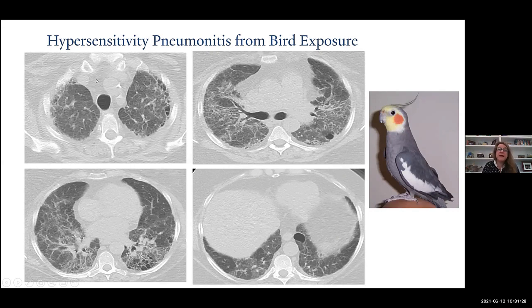And you can see that actually the scarring affects the upper parts of the lung more than the lower, which is the opposite of what we were talking about with the UIP pattern, which tends to affect the lower parts more than the upper. And so this is the kind of scarring that you can get over time from exposures, such as from birds in this particular case.